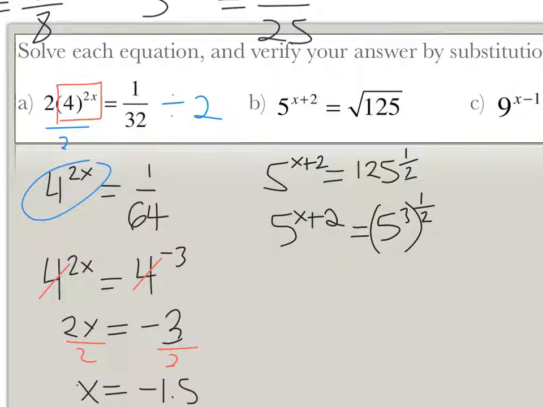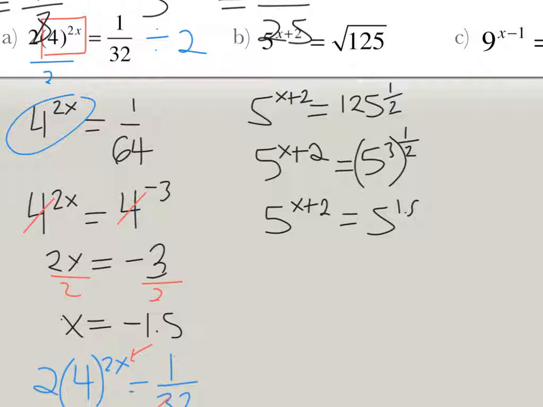Because what was the rule for power to a power like that? Multiply. So I can multiply those out. So I have 5^(x+2) equals, what's 3 times 1/2? 1.5. And I'm totally fine with using decimals and stuff. Now, once we have the 2 5s there, what can I do? Cancel them off.